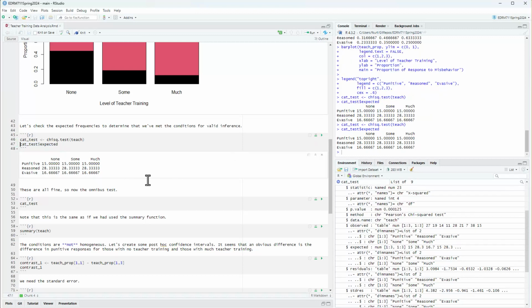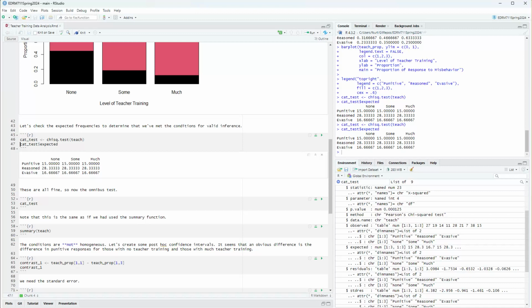And when I put those on the screen, I notice that I have this set of expected values. Those are expected under the null hypothesis. That is, this is what I would expect to get if in fact there are no differences amongst the conditions.